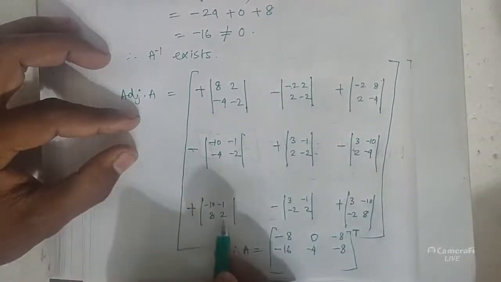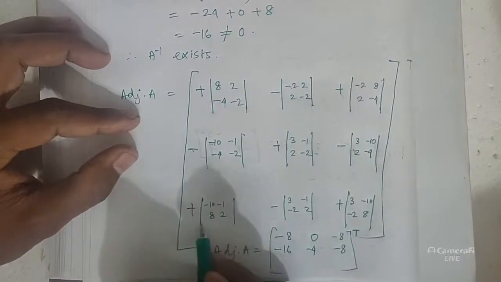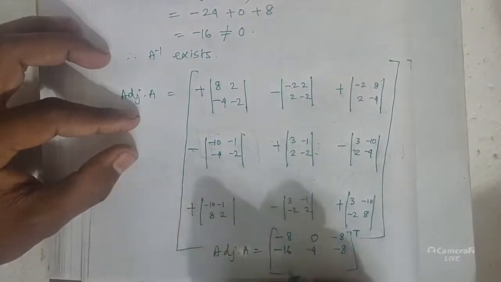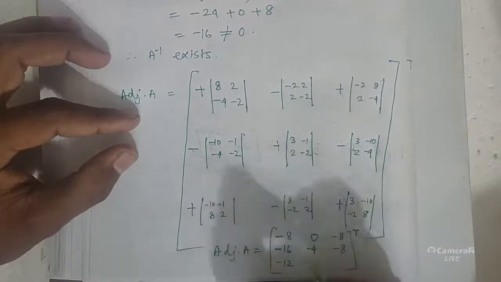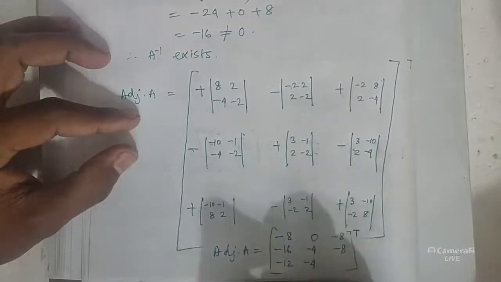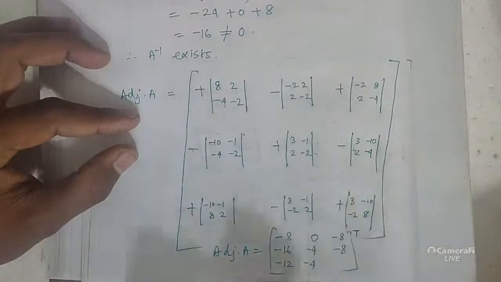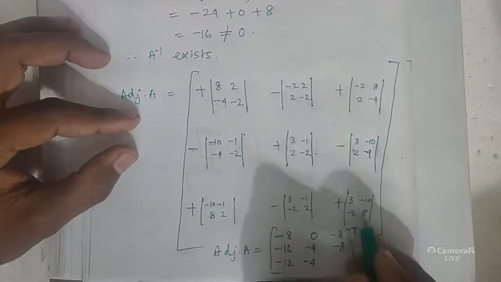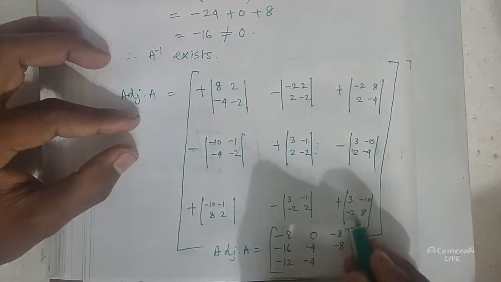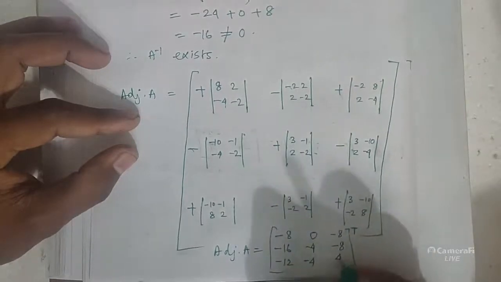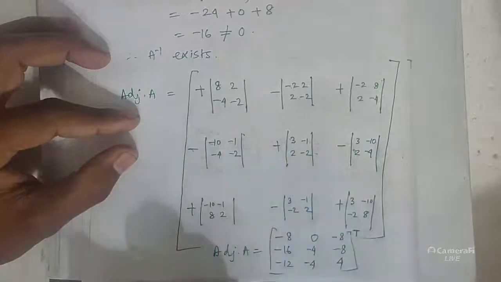Next, here it is coming minus 20 plus 8, that is minus 12. 6 minus 2, minus 4, and here 24 minus 20, so 4, and transpose of this.